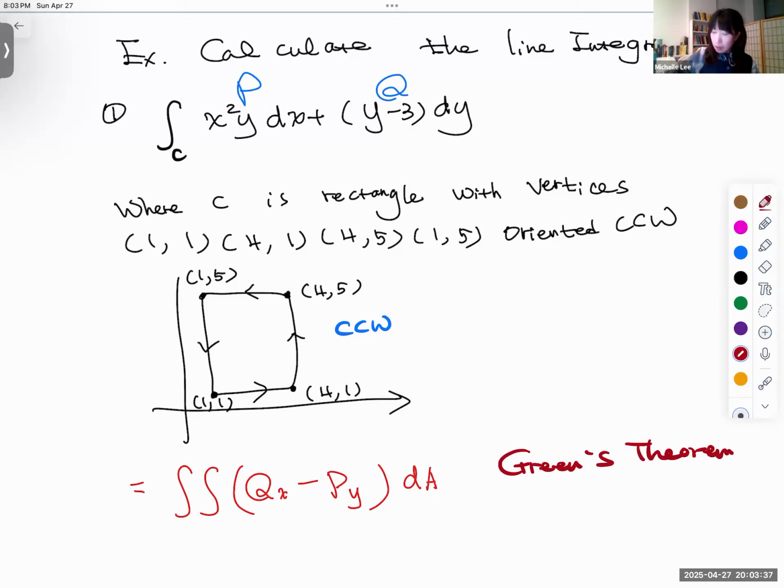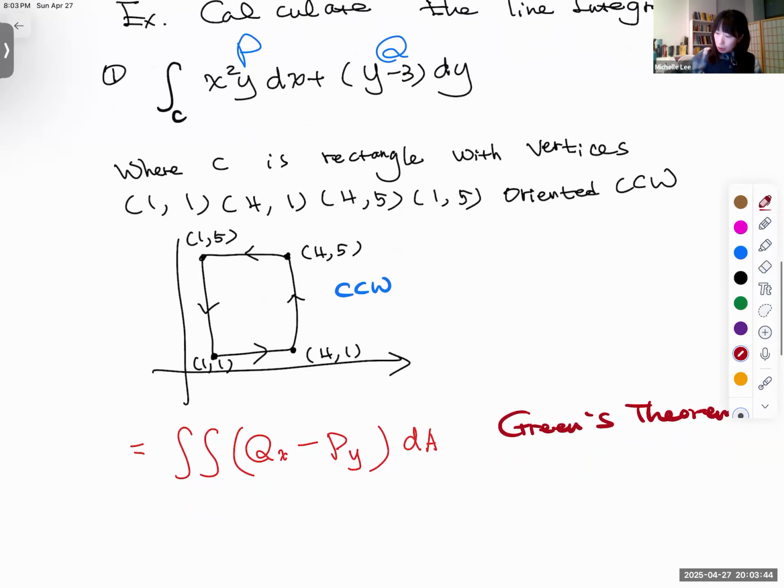Using the theorem formula, we want the partial derivative with respect to x first, so we have Q, which is y minus 3.